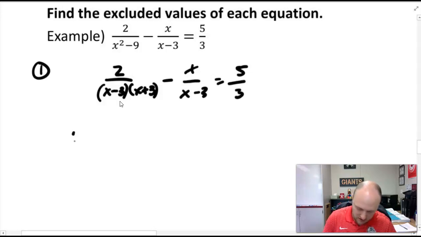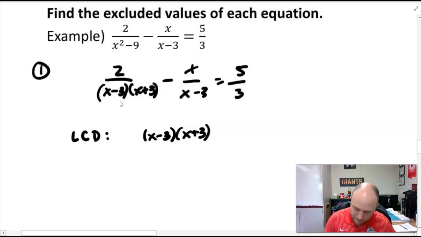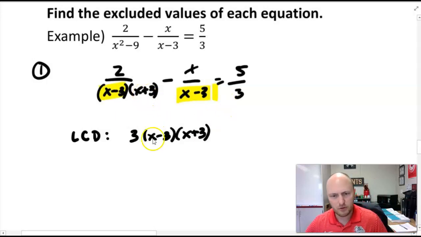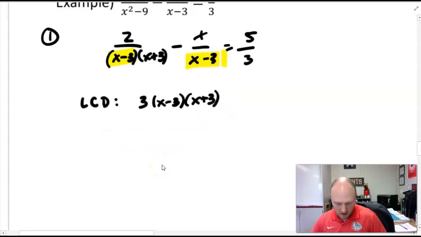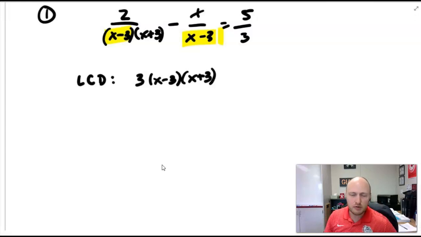My lowest common denominator has a shared x minus 3, an x plus 3, and then a 3. The x minus 3 is shared, and the other two remain. So here's my LCD.